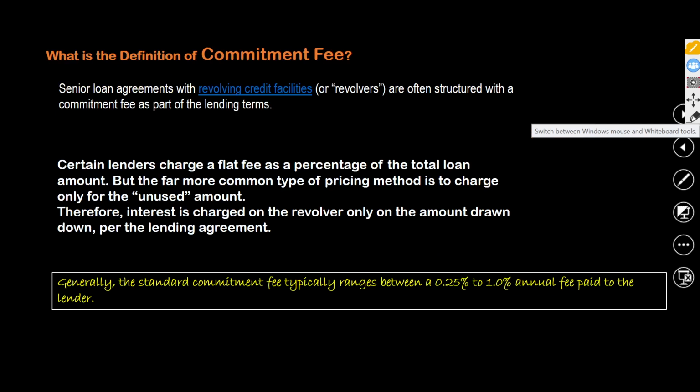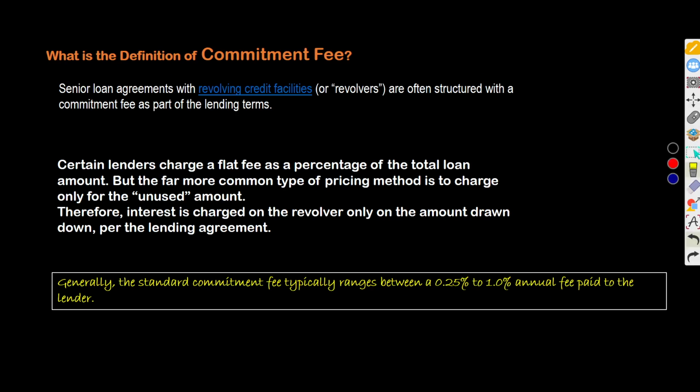What is the definition of commitment fee? Senior loan agreements with revolver credit facilities are often structured with a commitment fee as part of the lending. So whenever we see a revolver facility, of course, commitment fees will come into the picture.